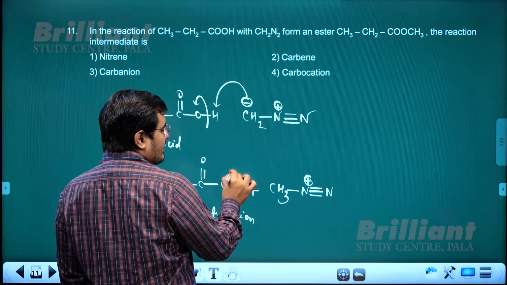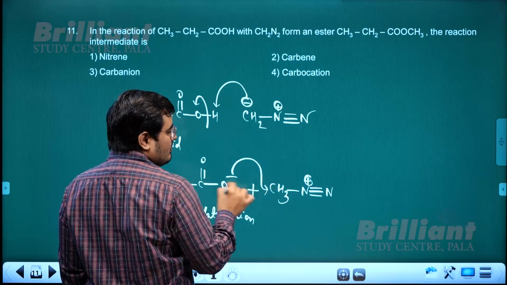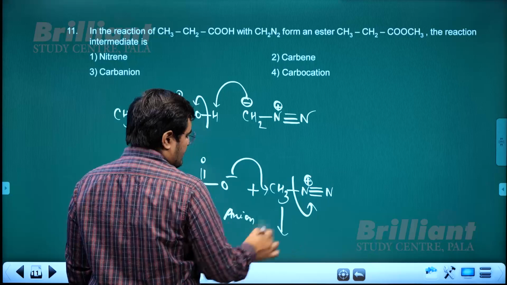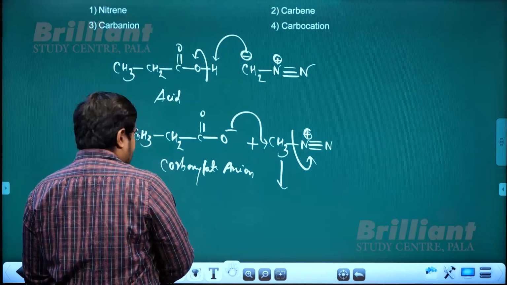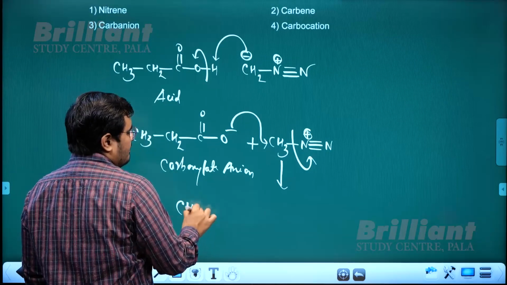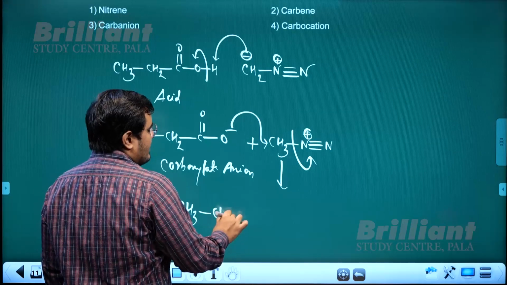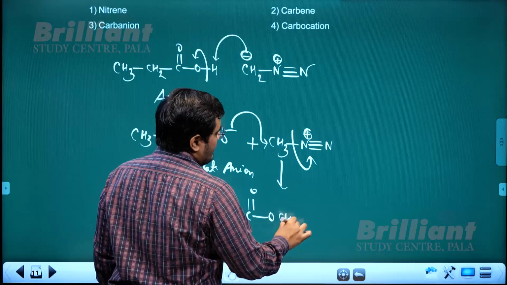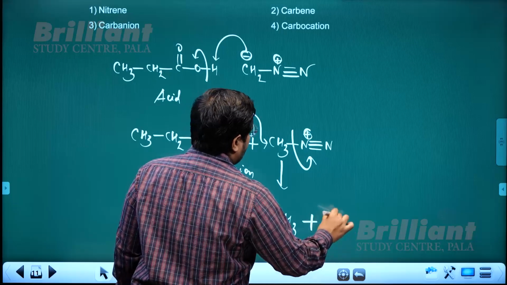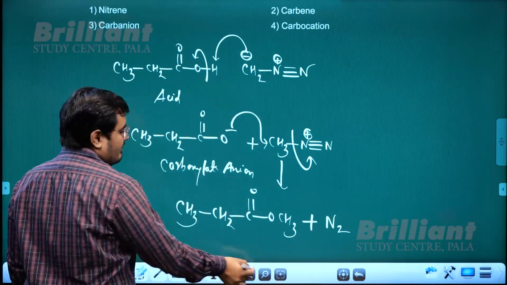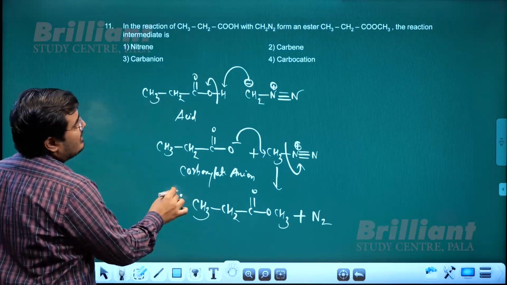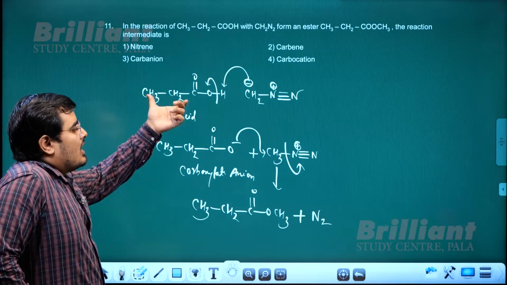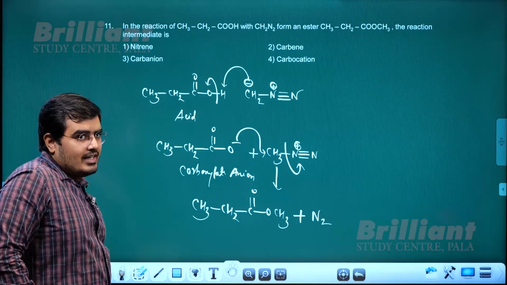That is the reason why this O minus can attack at this center and N2 will leave, and this will be an example of a typical substitution reaction where you will have CH3CH2C double bond O, O CH3 plus N2. So here what we have done is we have formed an ester from the carboxylic acid using diazomethane.